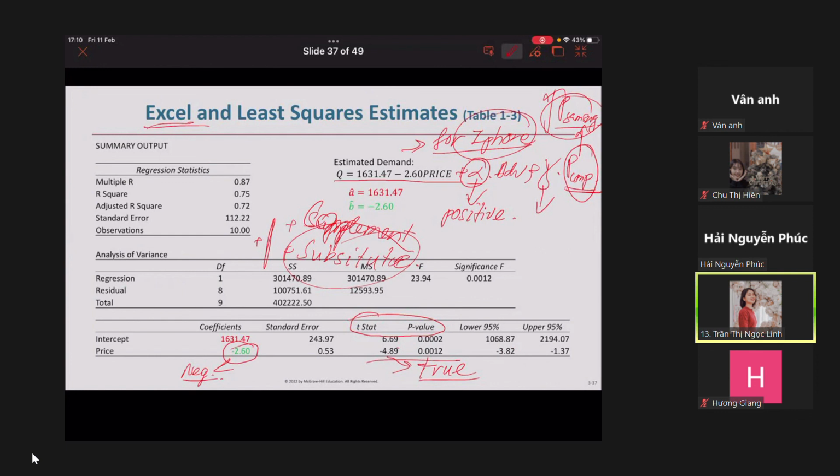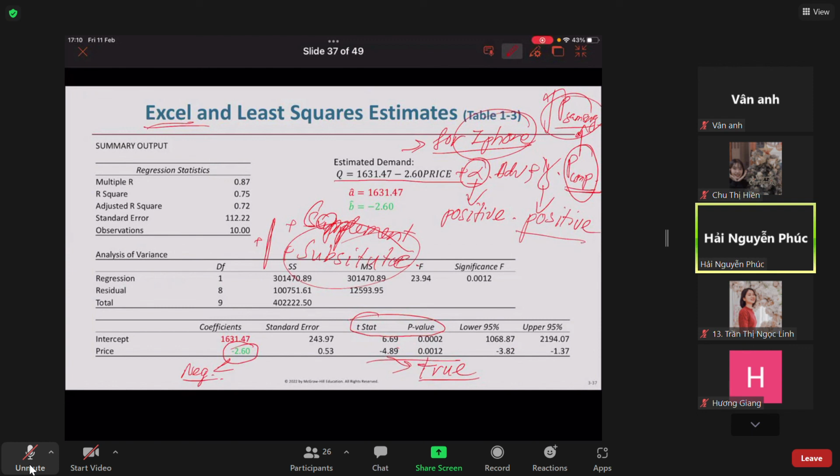The quantity demanded for iPhone should increase. So we expect that gamma should be positive. The price of competitors goes up, the quantity demanded for your good will go up, because the two goods are substitutes. Understand it? Okay.